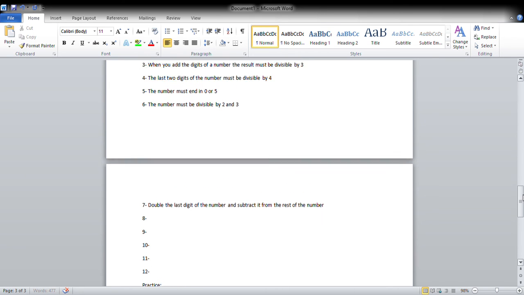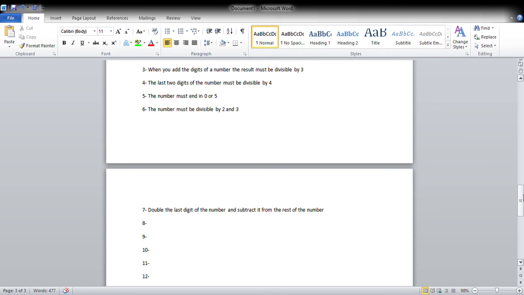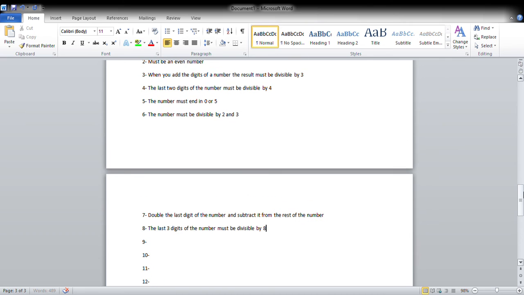Okay, 8. The divisibility rule of 8 is the last 3 digits of the number must be divisible by 8. So this one is probably only useful if you have a big number, you just have to divide the last 3 digits. You don't really have to memorize it.